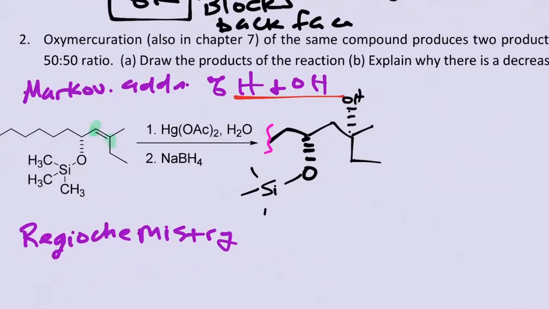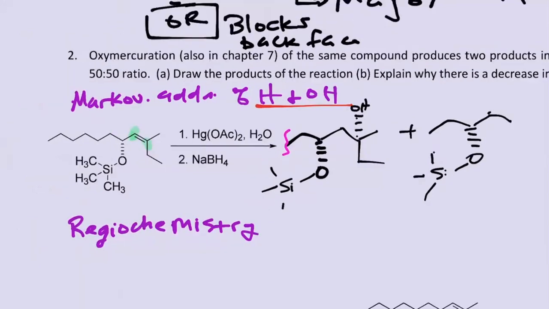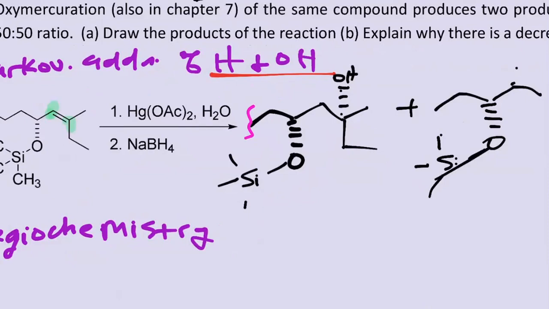What would the other one look like? It'd be the exact same except the OH would be on the wedge? No, I'm sorry. The chiral center would be what? This one doesn't change, right? That doesn't change, but oh gosh, hold up. Let me zoom in on that. I gotta get some room.